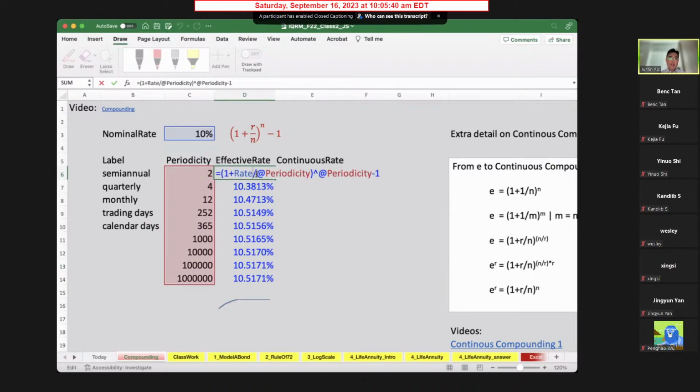1 plus rate. So now it's 1 plus nominal rate, but the nominal rate is divided by periodicity. In this row, that is 2. So 5% is used here. So 1 plus 5%. That is the period rate, right? For this 6 months. So 1 plus 5% to the power of periodicity, which is 2.